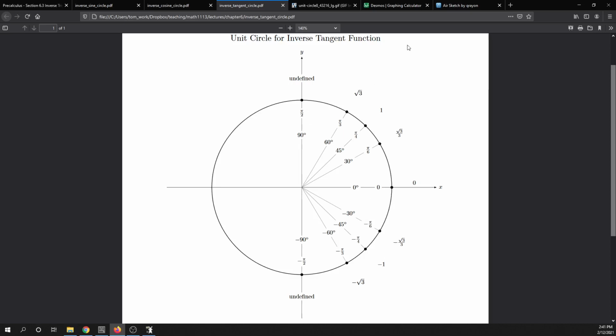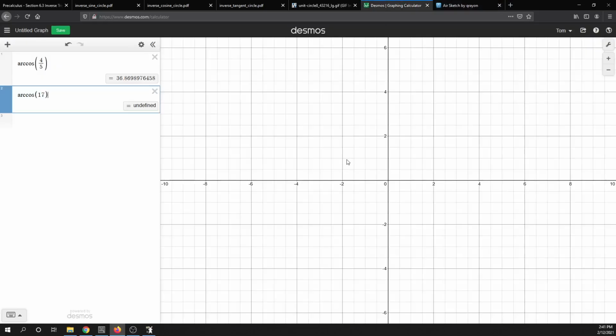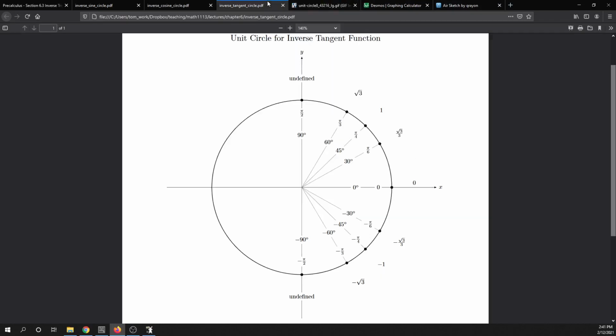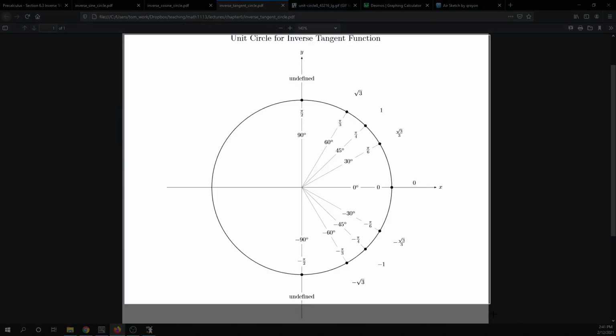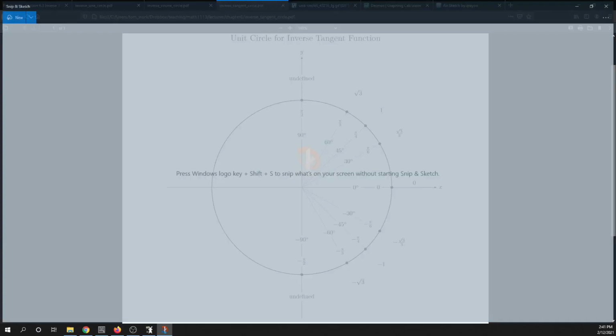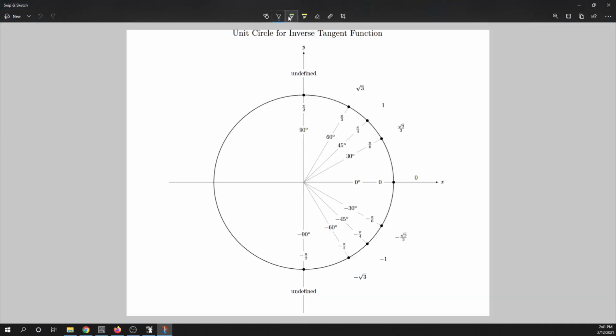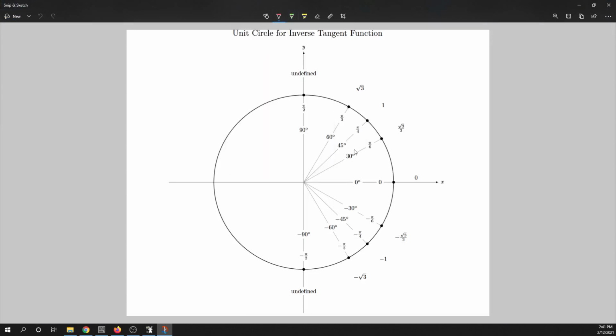Okay? If you look back at the problem, that's what we had. We were taking the inverse tangent of a negative number. And so we got this value, minus 0.2337, which is down here somewhere. So let me get this where I can draw on it. So the inverse tan is always going to give us an answer that's in between pi over 2 and minus pi over 2.